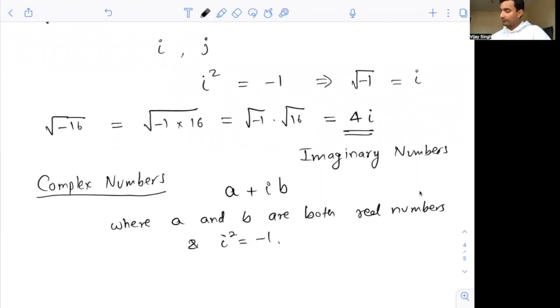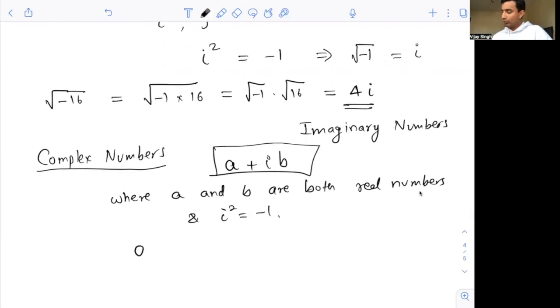Now, this complex number a plus ib, as you can see, has two parts. One part is a purely real part. So a is the purely real number. And ib is the imaginary part.